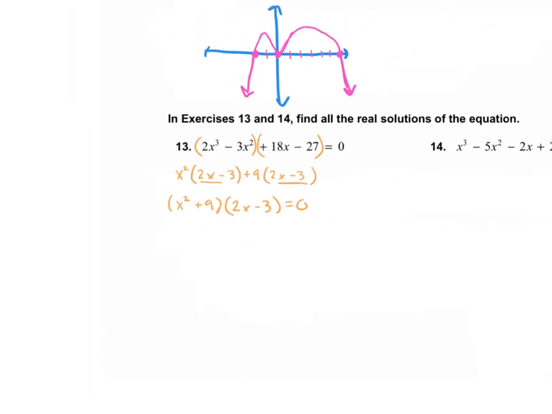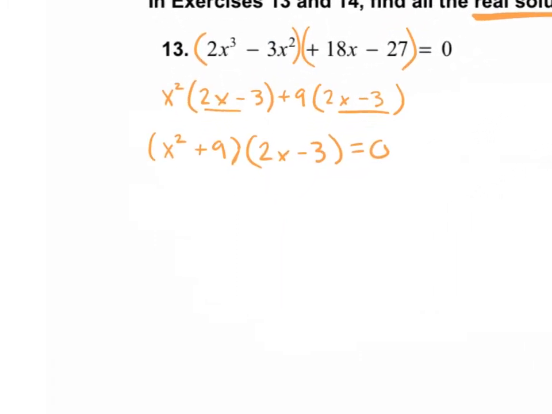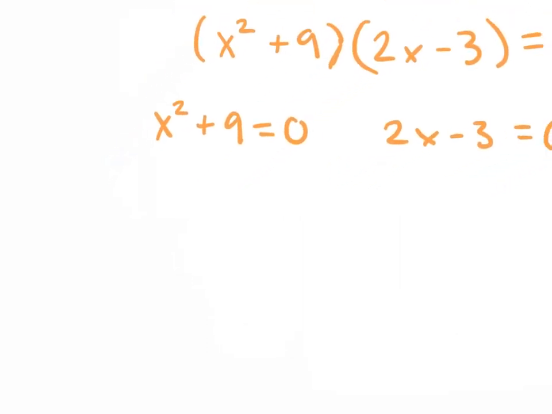And we are trying to find the real solutions here, so we've got to solve. So what's our next step? Put them equal to 0. So x squared plus 9 is equal to 0. 2x minus 3 is equal to 0. So now let's solve x squared plus 9. What do we do first?